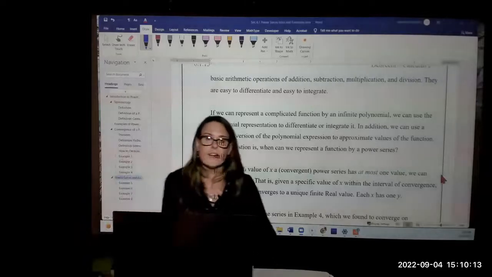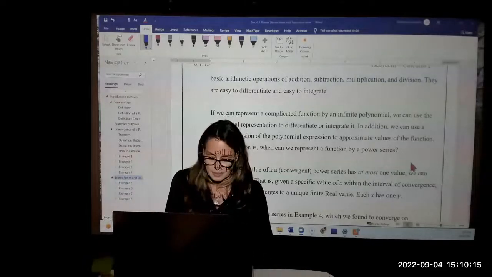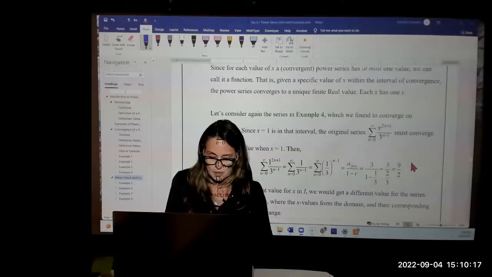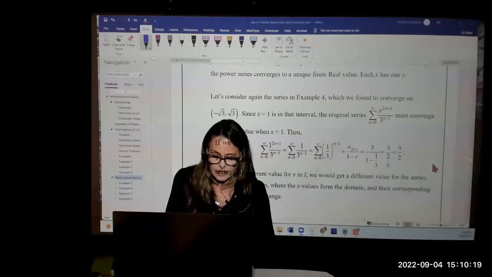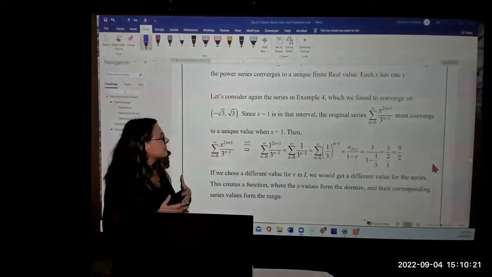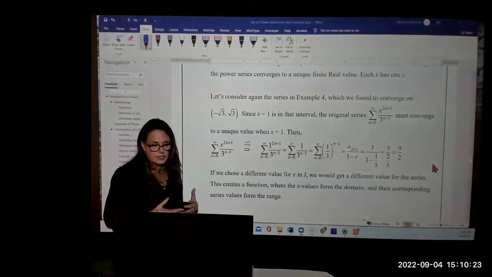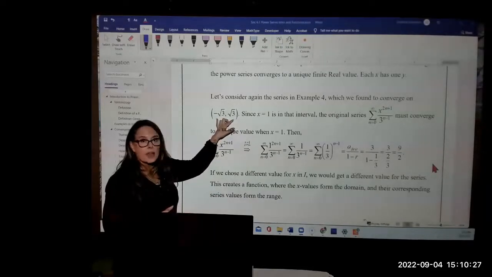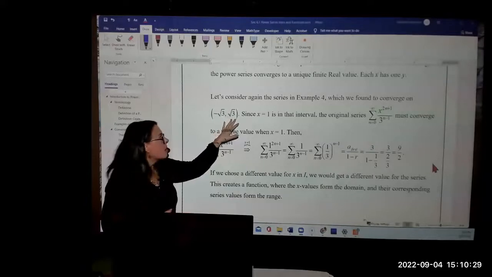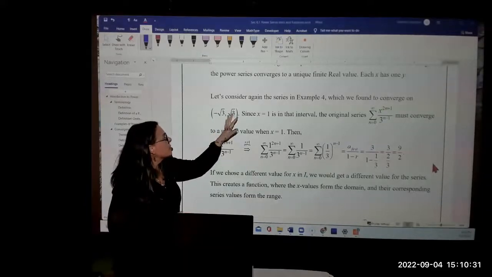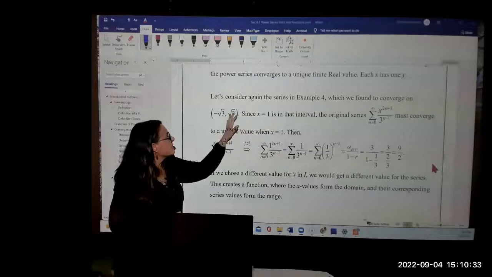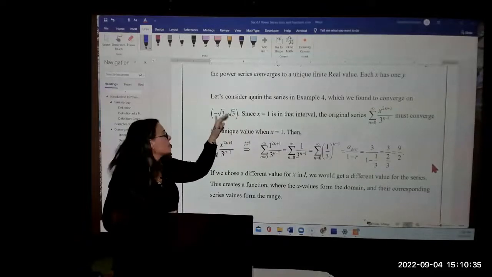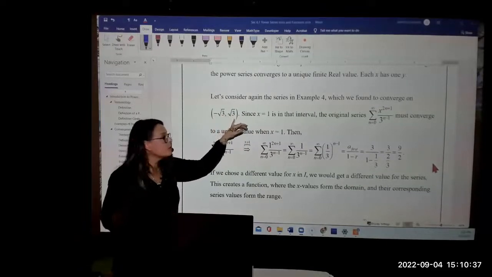So we can think of the value of the series as being the result of substituting the value x in. Now let's think again about the example that we just did, which was example 4, and we found it to converge on the open interval -√3 to √3. Now the number x = 1 is in that interval because 1 is between -√3 and √3.